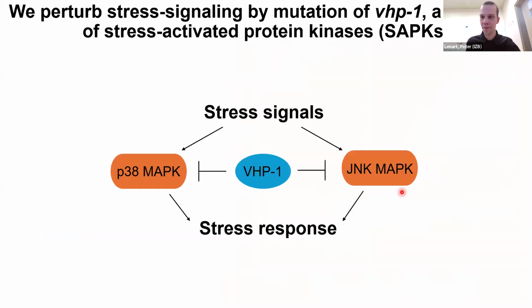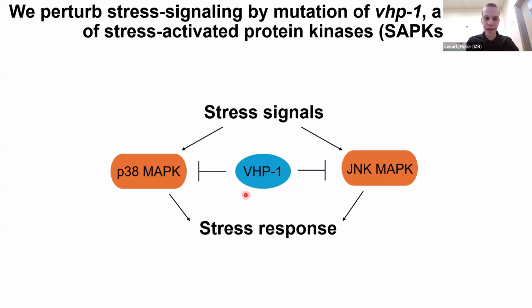I will talk about one of them, and we can break this germline response by disturbing stress signaling. So basically, what we did, we mutated a gene called VHP1, which is a conserved dual specificity phosphatase regulating P38 and JNK stress signaling pathways.